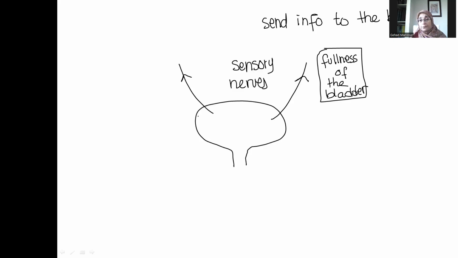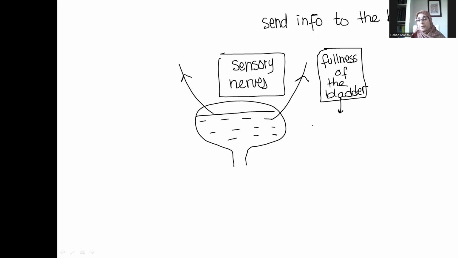Of course, if the bladder is almost full, then these sensory nerves that I have drawn in black would give the patient the desire to micturate. The patient feels that he wants to go to the toilet and void.